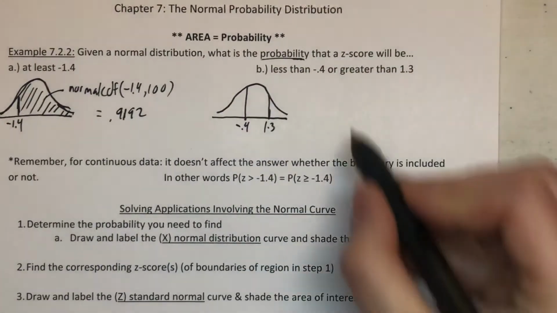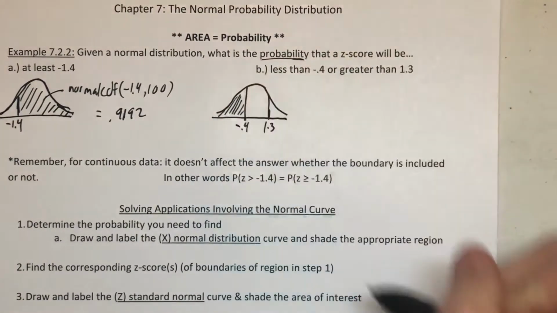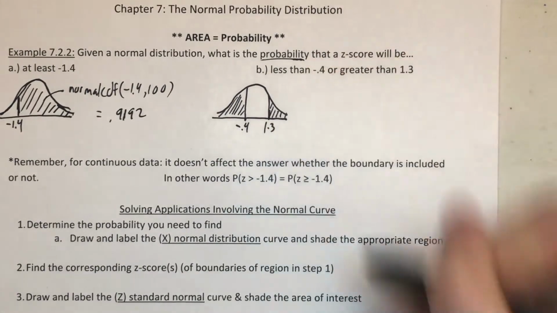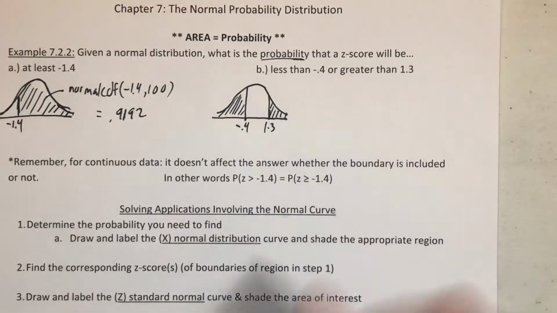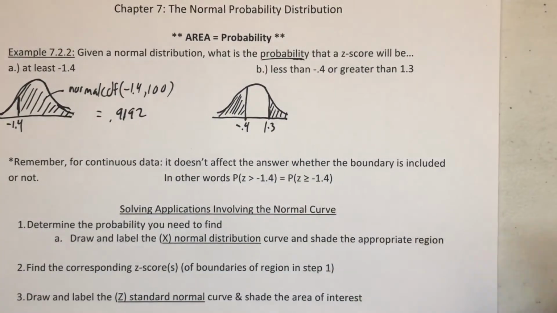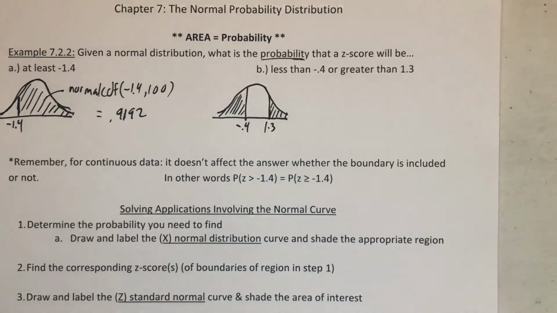We're asking for less than negative 0.4, so we want all those values, or greater than 1.3, so we also want to include those. The way they ask this, they're basically asking for combining those two areas, or those two probabilities, one or the other. Either one could happen, this plus this.